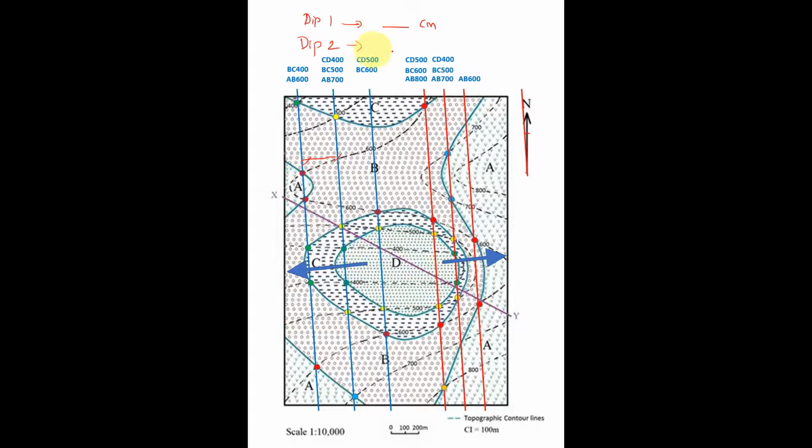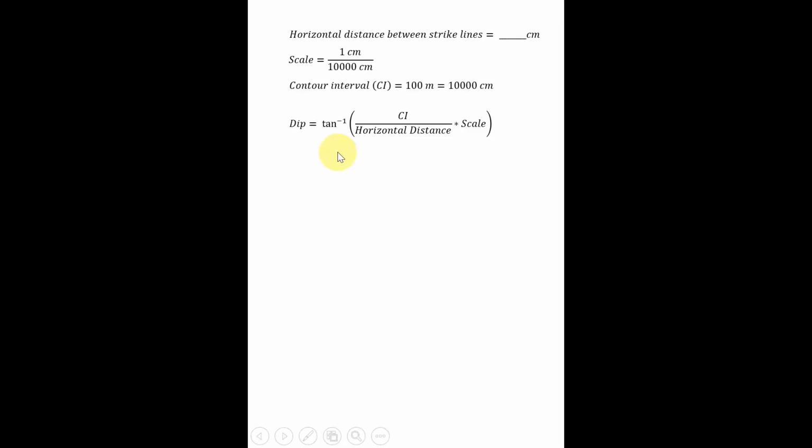For dip 2 also you will have to measure the distance separately, in centimeters. Then we use the formula which I briefly discussed in my previous map video, how this formula comes into the picture and how we have to use it. Using this you will determine two different dips, dip 1 and dip 2.